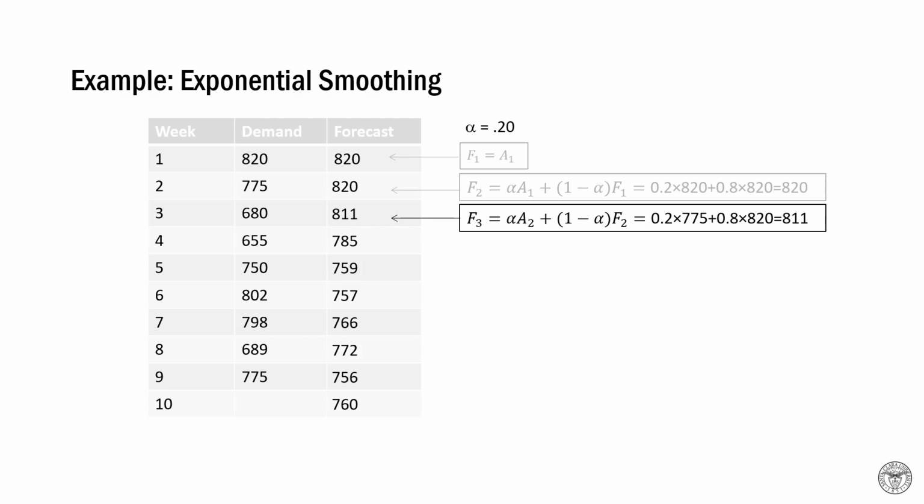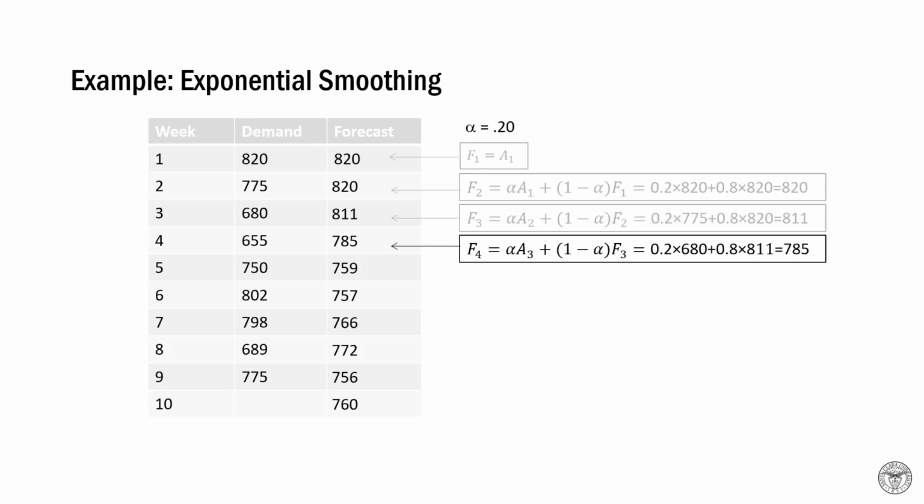We then proceed to F sub 3, which is calculated similarly as the product of alpha and A sub 2, 775, plus the product of 1 minus alpha and F sub 2, 820, yielding a value of 811.